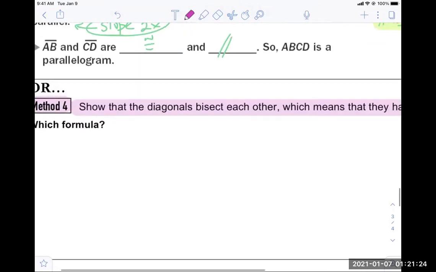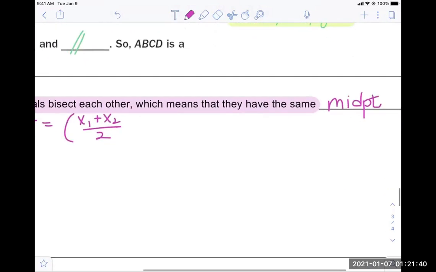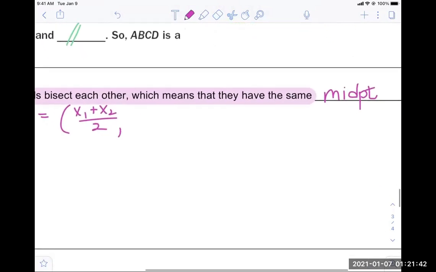So we're going to show they have the same midpoint, which means we need the midpoint formula. Midpoint formula is the one that goes average the x's, so x1 plus x2 over 2, and then average the y's, y1 plus y2 over 2.